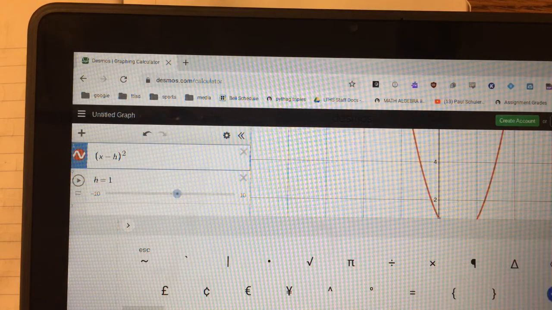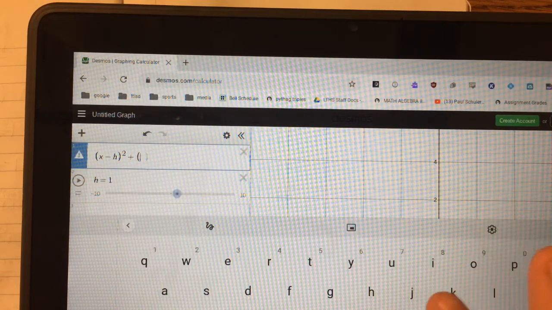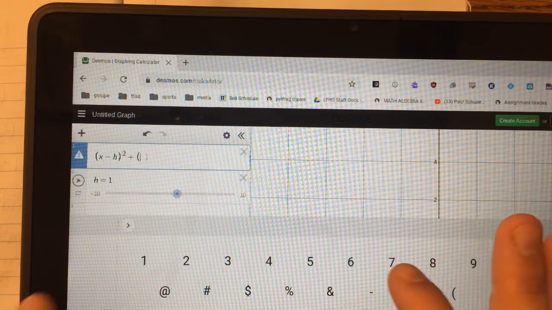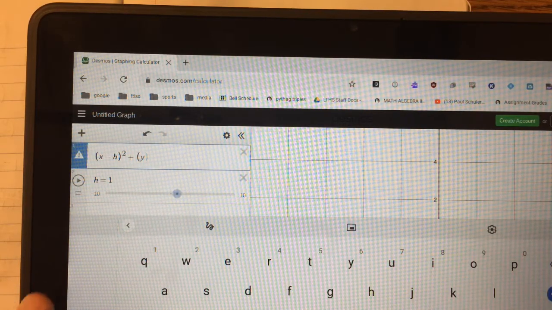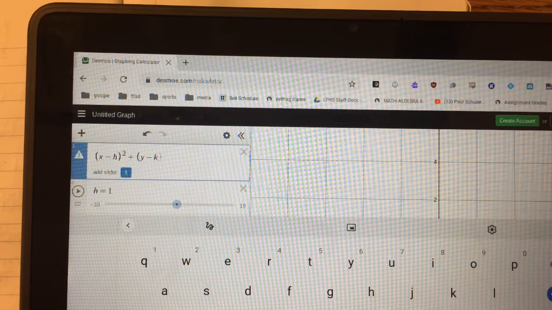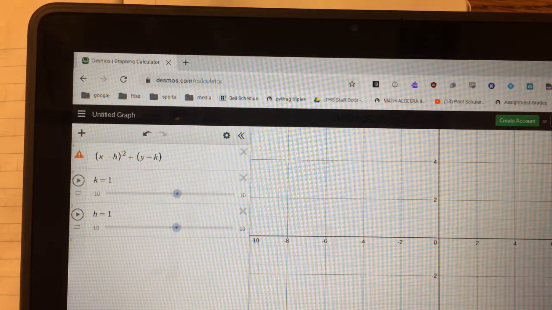Let's see, plus. Where's plus on here? Y minus k. And we're going to add a slider for k too. So basically, all the values that we're going to be changing, we're going to add a slider for, so you can just easily change them.